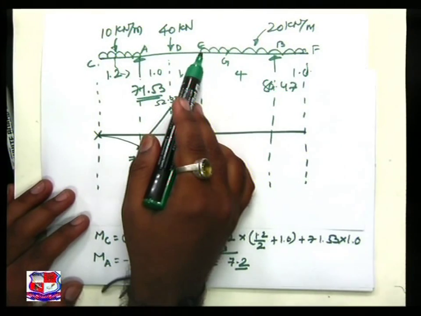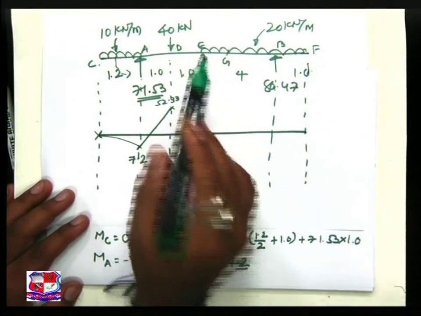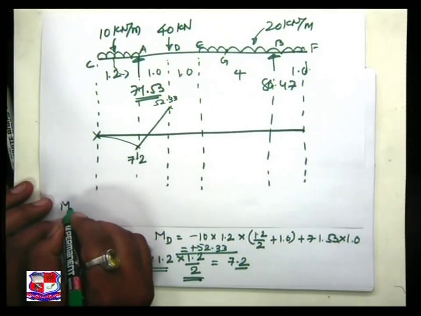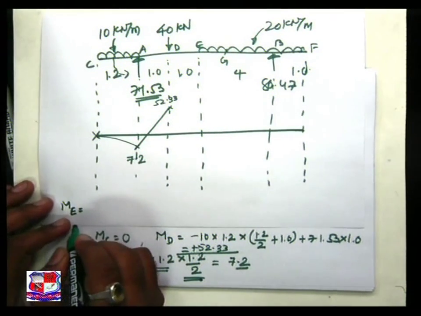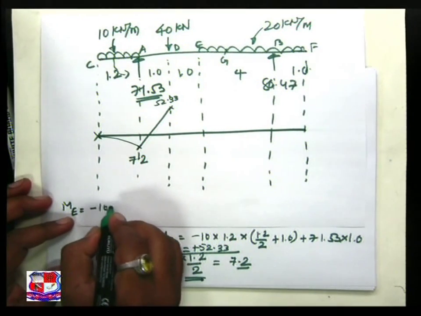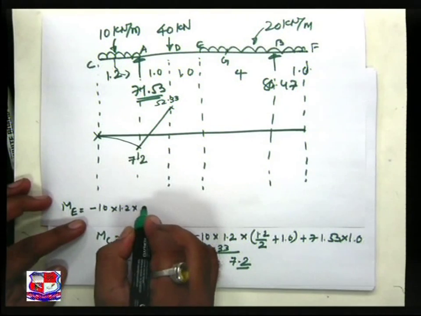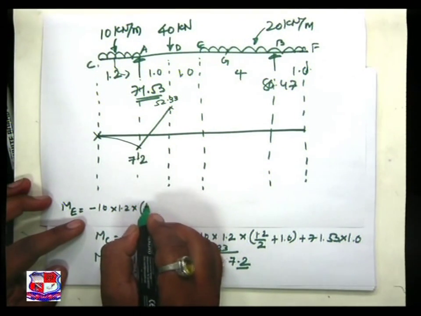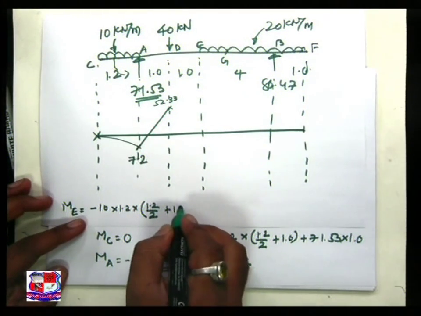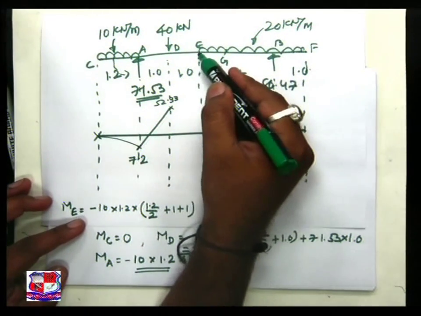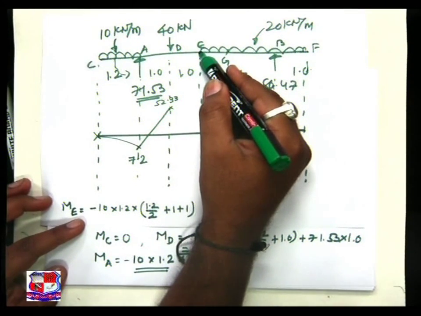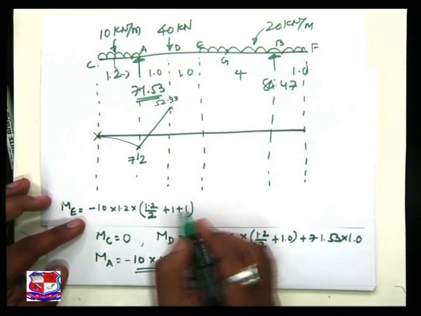Now let us take the E point, what will be the answer for us? Next, moment at E is equal to minus 10 into 1.2, that is the total load, multiplied by perpendicular distance 1.2 by 2 plus 1 plus 1, because I am interested to find out the moment over here, and with the minus sign.